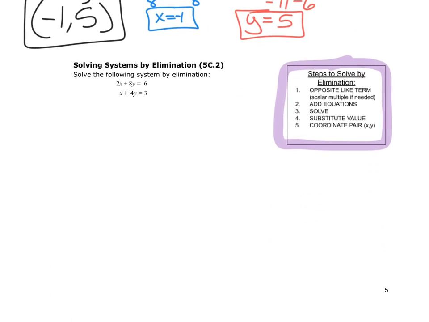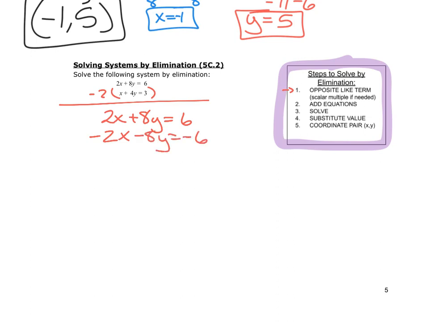Elimination has similar yet different steps. The first thing we're going to do is look for an opposite like term. I don't see them. Neither of those are opposite like terms, but if I multiply this entire equation by negative 2, this would be the same 2x plus 8y equal to 6. Then I'd get negative 2x minus 8y equal to negative 6. The next step says to add the equations, so I'm going to pretend like this is a good old-fashioned addition problem.